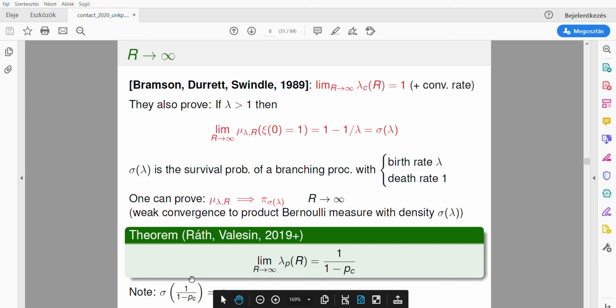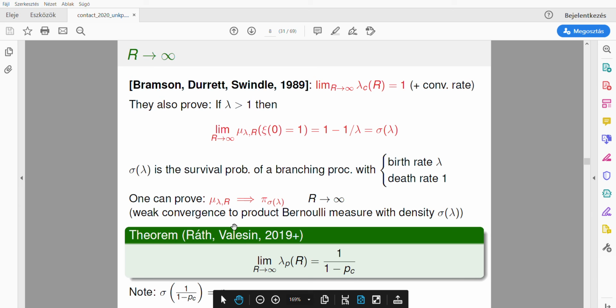So it's heuristically clear that since these measures converge locally to the Bernoulli product measure, it makes sense that the critical infection threshold converges in this way: as soon as the density of infected sites under the upper invariant measure is bigger than p_c, you will percolate, but if it's asymptotically smaller than p_c, then you will not percolate.